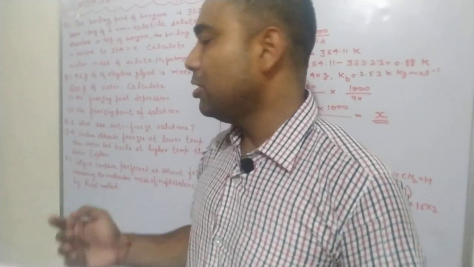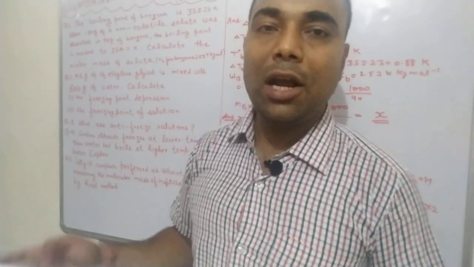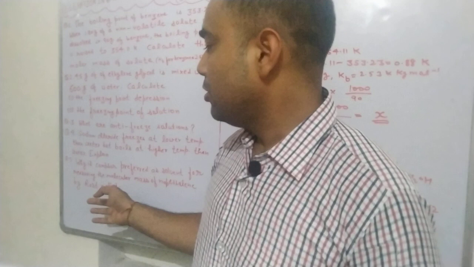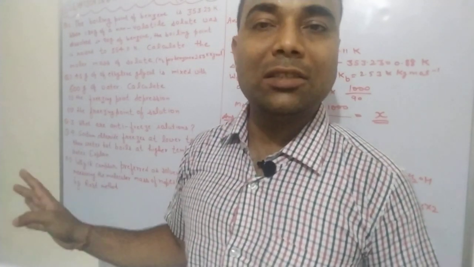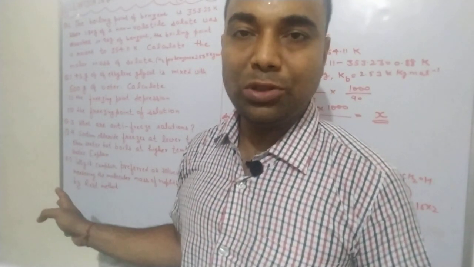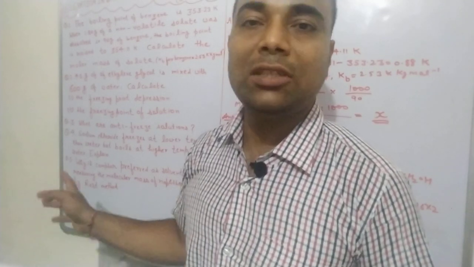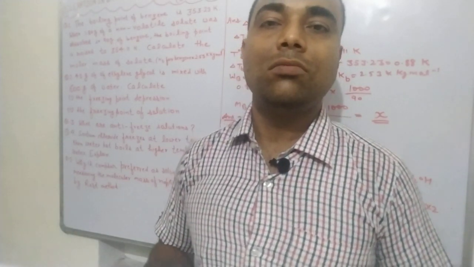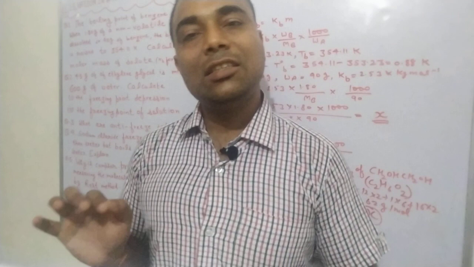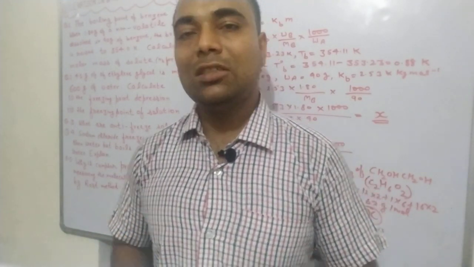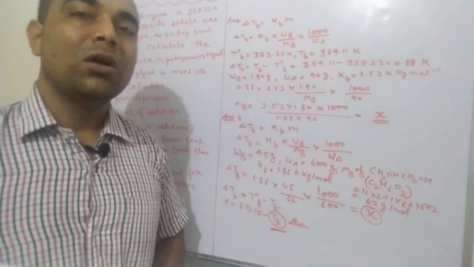We are taking naphthalene in this process, so if we add a small amount of naphthalene, it will show lowering or depression in melting point of the solution. That's why camphor is preferred, because it has a large Kf value. So this is about the question section.